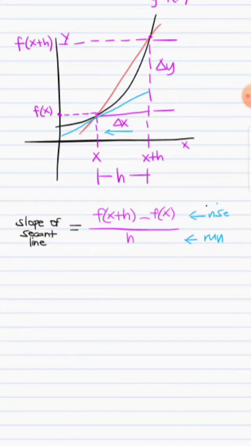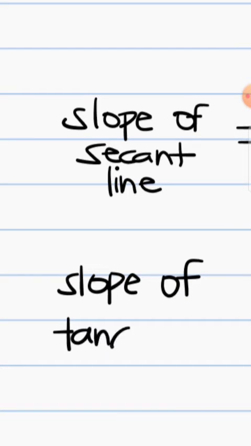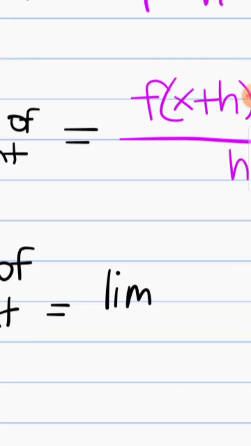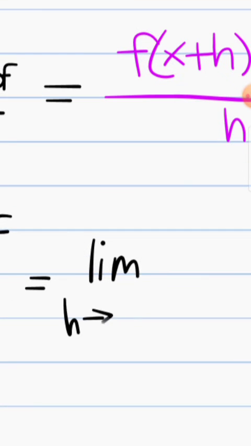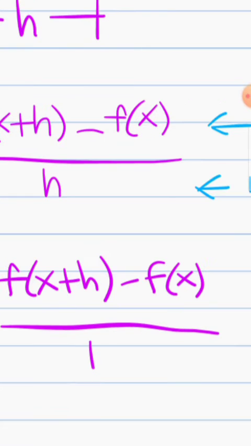Let that delta x, or h, approach 0, so that it will become tangent at this point. So now, the slope of the tangent line is just equal to the limit as h approaches 0 of f of x plus h minus f of x over h.